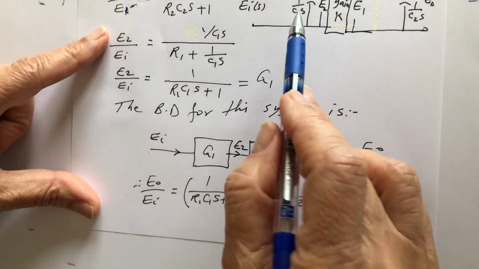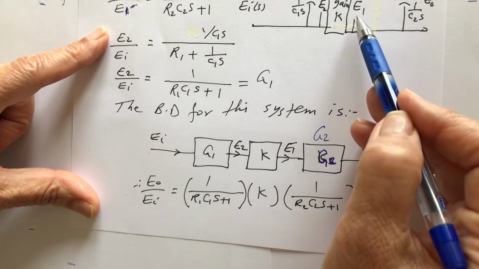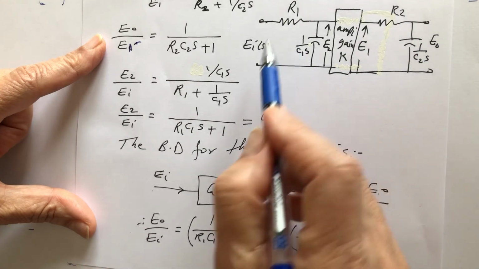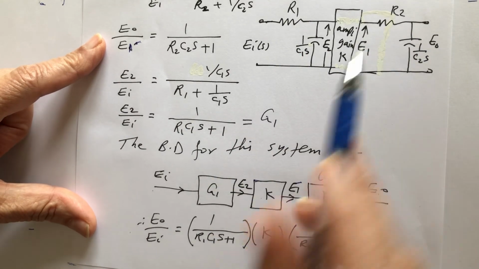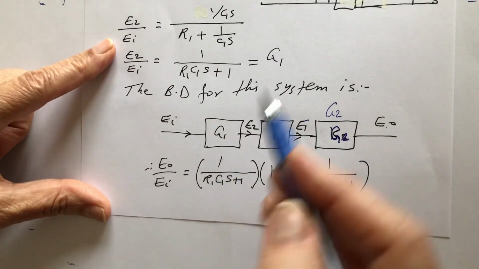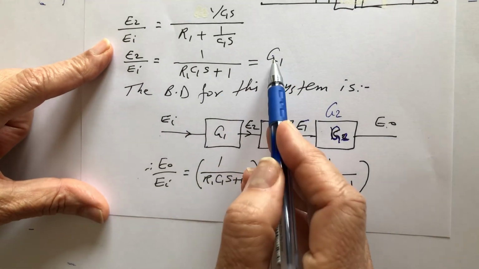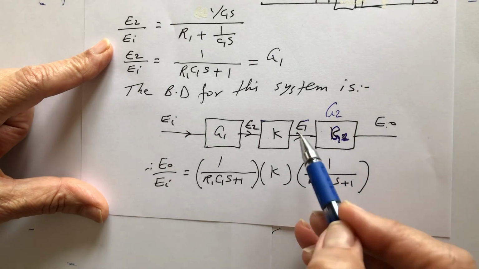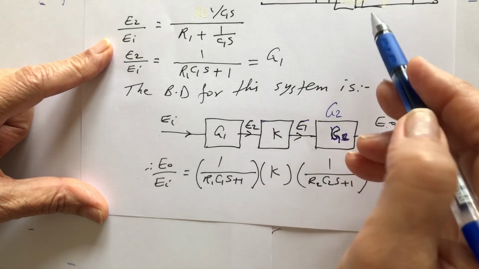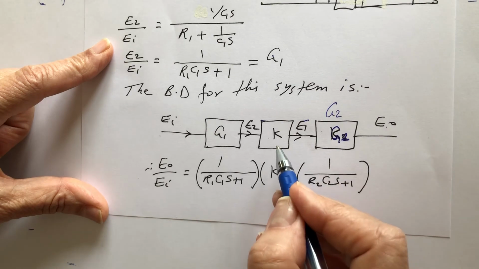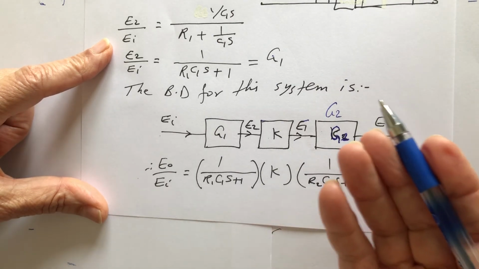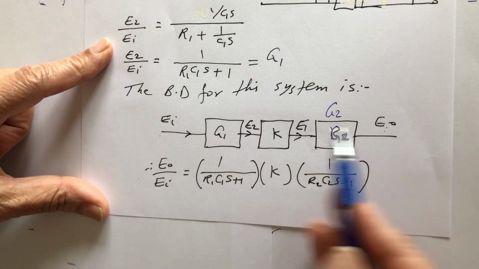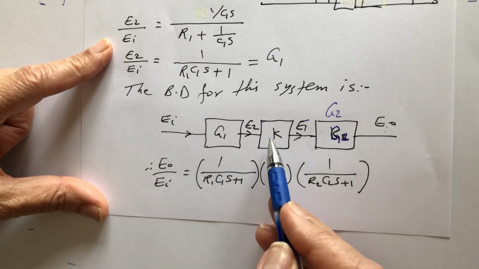So now I found the transfer function E out over E1, and the transfer function E2 over En, and now I can put it as cascaded. This one will be G1, and this one will be G2, and in between, because I have this isolating amplifier, I put it as gain K. I don't ignore it, it's a gain K. So now I can say that the transfer function E out over En equals G1 times K times G2.